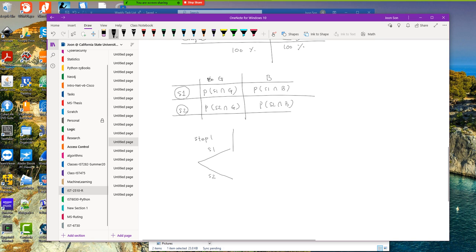Then step number 2: if we choose S1, there are only 2 possibilities, good and then bad. It's the same thing after S2. We have only 2 choices, either good or bad. And so here.